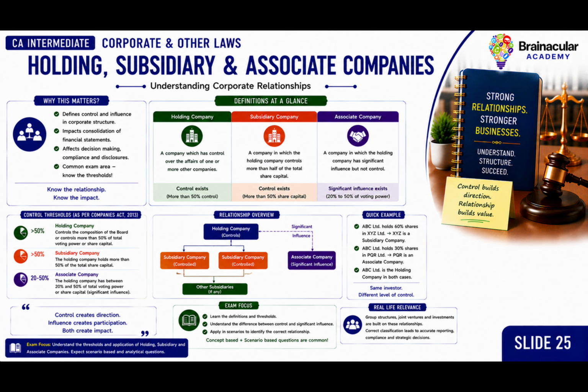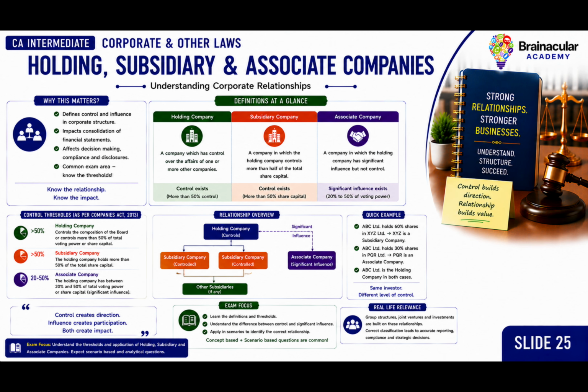By definition, a company shall be deemed to be a subsidiary of another company, which is the holding company, if: first, the holding company controls the composition of its board of directors; or second, the holding company holds, either by itself or together with its own subsidiaries, more than half in nominal value of the equity share capital of the other company; or third, the other company is a subsidiary of a company which is itself a subsidiary of the holding company. So if any one of these three conditions is satisfied, that company is called a subsidiary.